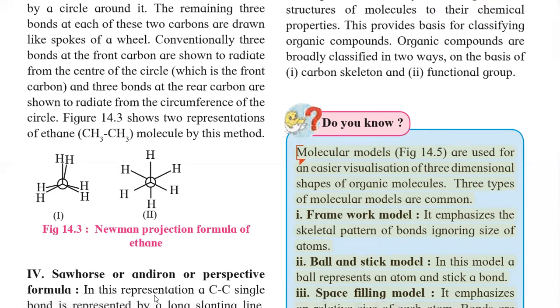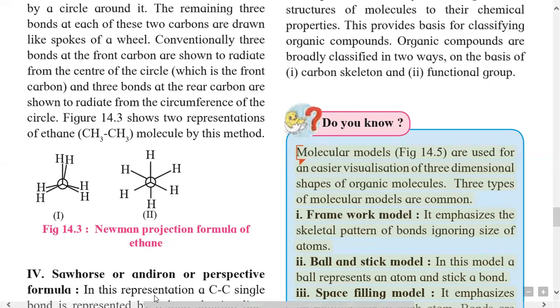Or if we rotate one carbon while keeping the other carbon at a fixed position, meaning the front carbon is at the fixed position and the rear carbon is rotated through 60°, then we can see clearly this type of structure in which the front carbon remains the same as in the first structure, but the second carbon's hydrogens have a clear angle, a rotation of 60°, and clearly all hydrogens are at equal positions.